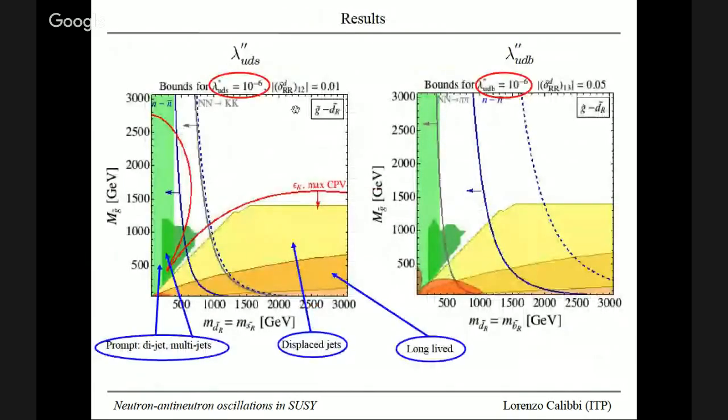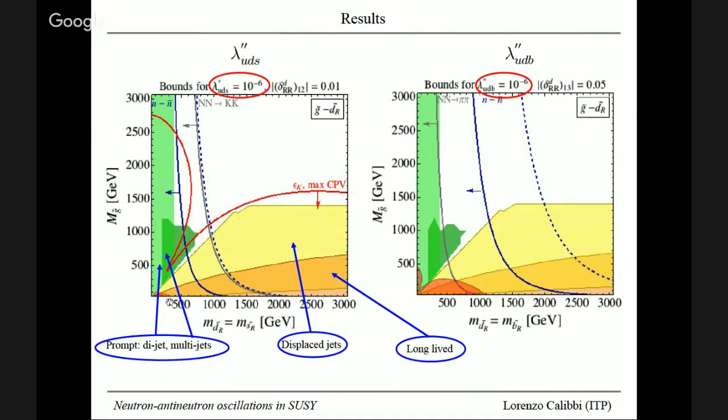Then we have these colored red regions, which show the direct constraints from the LHC on the parameter space. These green ones, which are in this part of the plane where the squarks are lighter than the gluinos, come from prompt decays.